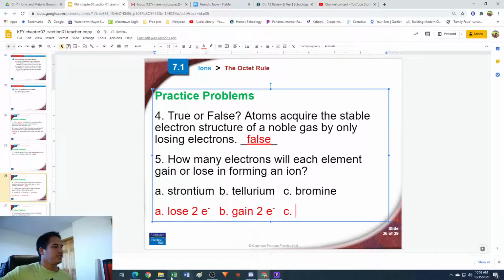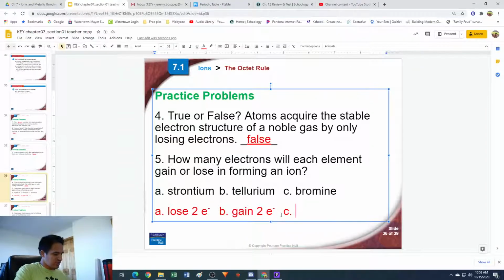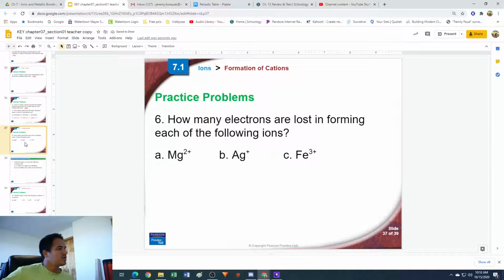All right, then we have bromine. So bromine is here in column 7. It has 7 valence electrons. Again, it wants to get up to 8. And to do that, it would need to gain 1 electron. So therefore, this one is likely to gain 1 electron.